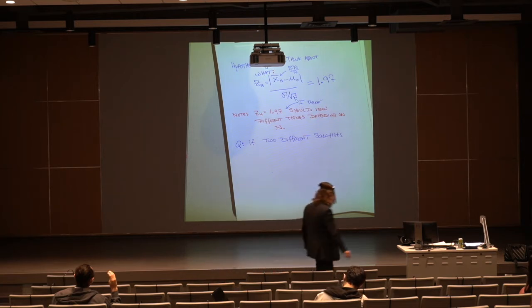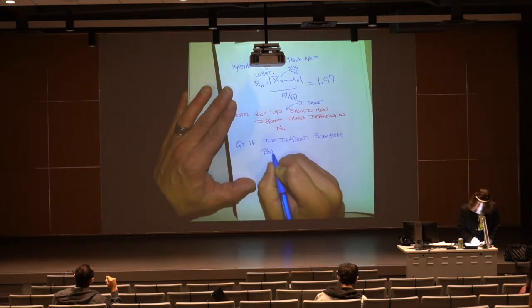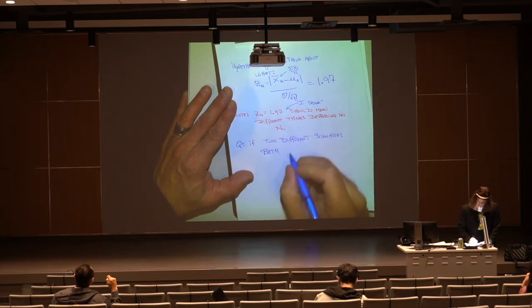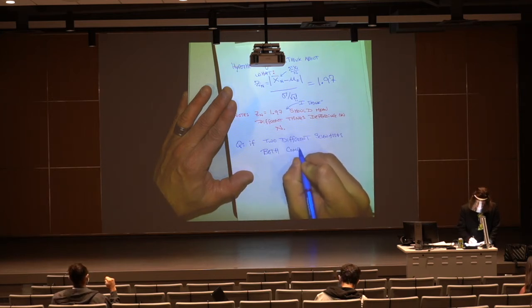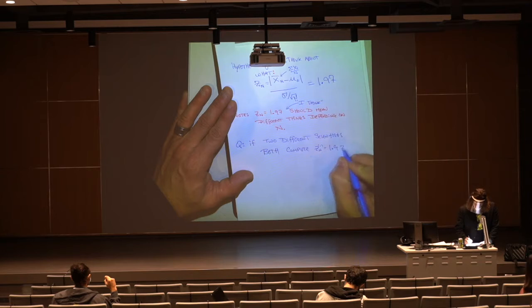Okay, so scientist one, so let me just keep phrasing this. If two different scientists both compute Z_n, and I'll say this is scientist one, Z-score 1.97, and scientist two, and they're going to have a different n.